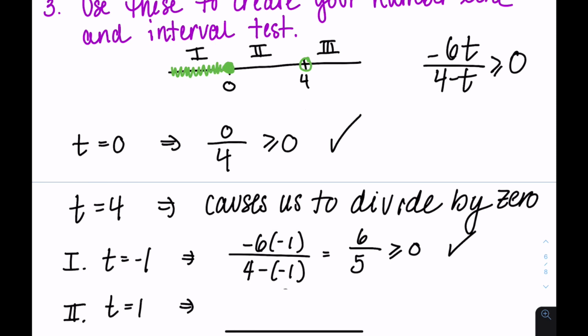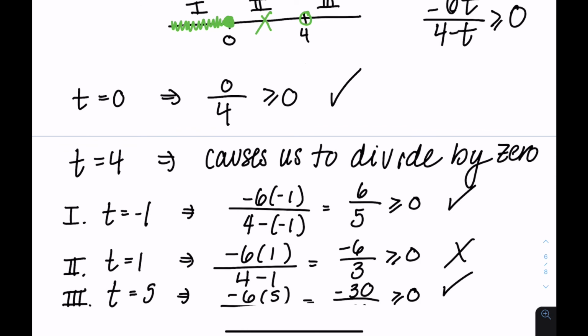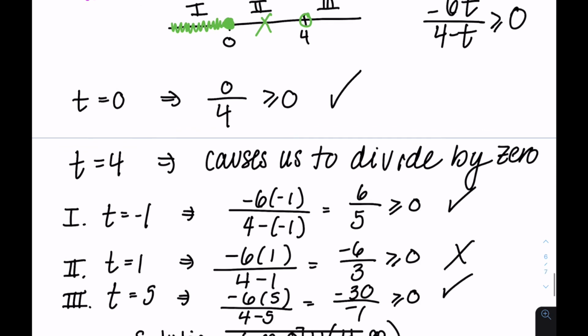For interval 2, we could pick positive 1, and that's going to give us negative 6 over 3 is greater than or equal to 0, and that does not work because we get a negative number. Then if we pick something in interval 3, like 5, we'll get negative 6 times 5 over 4 minus 5. So you get a negative over a negative, which is a positive. So this interval also works. So interval 1 and interval 3 are both going to be good.